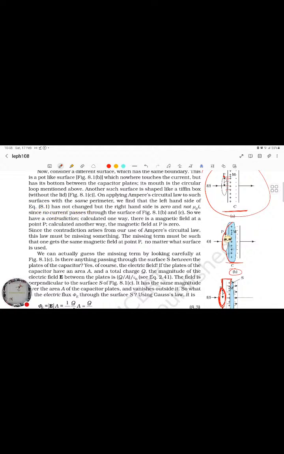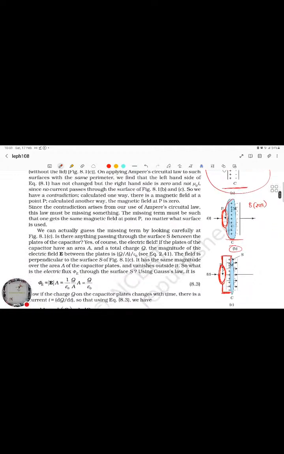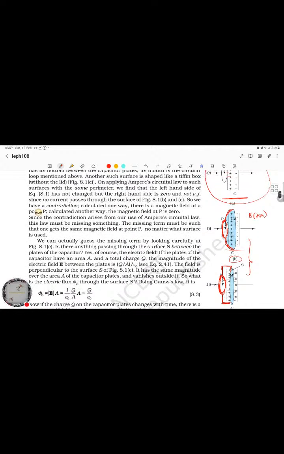That is, on the left hand side we only consider this B into 2 pi r amount of length, which has not changed, but the right hand side is 0 and not mu naught I, since no current passes through the surface of figure 8.1b and 8.1c. In 8.1b and 8.1c no current flows through those particular surfaces, so it is considered to be zero current on the right hand side for both these cases. Fine. So we have a contradiction.